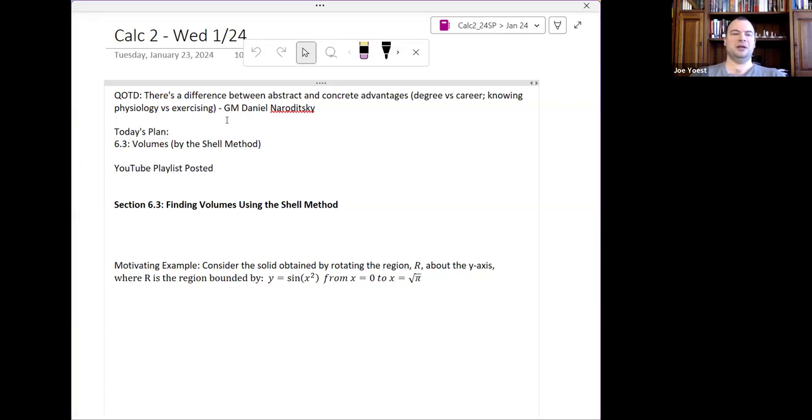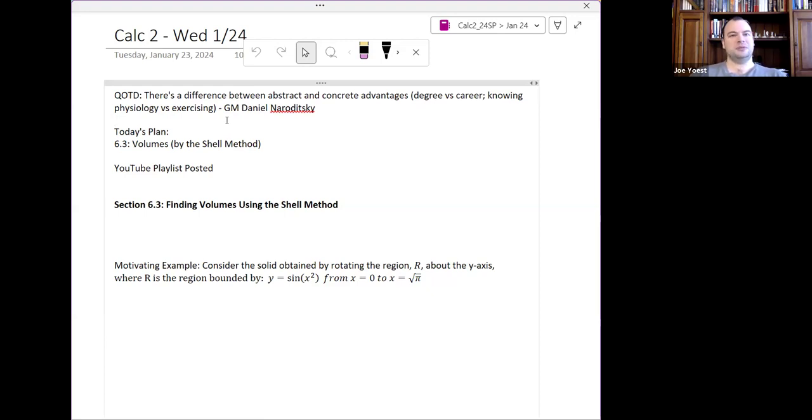So this might be knowing which exercises are good to increase fitness or strength versus actually going to the gym, or learning about a language, learning what kind of structures it has, learning about the people versus actually practicing speaking the language.